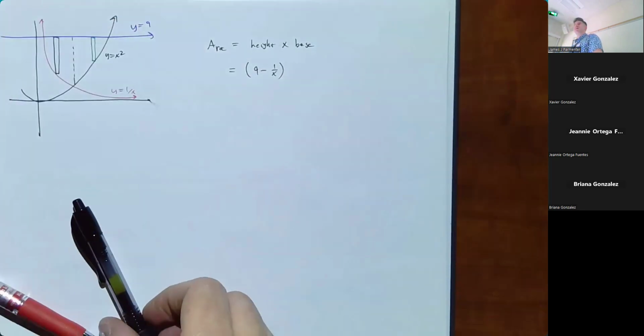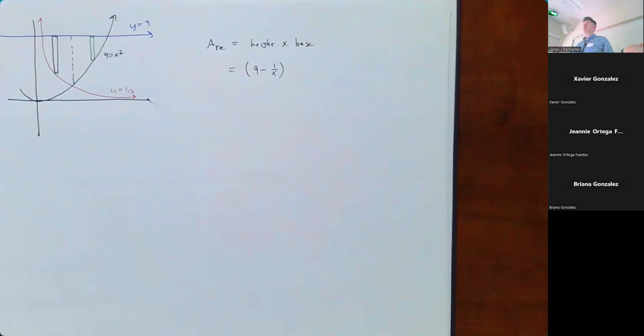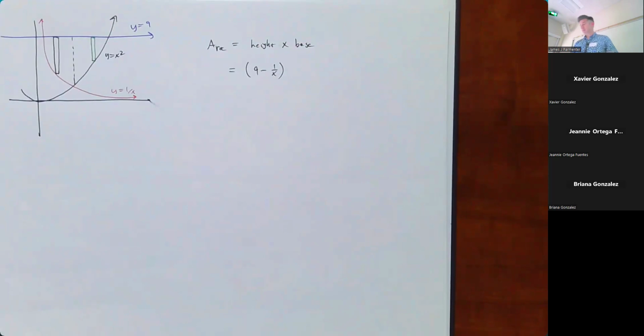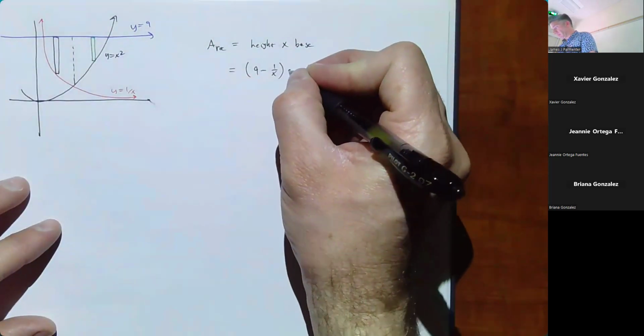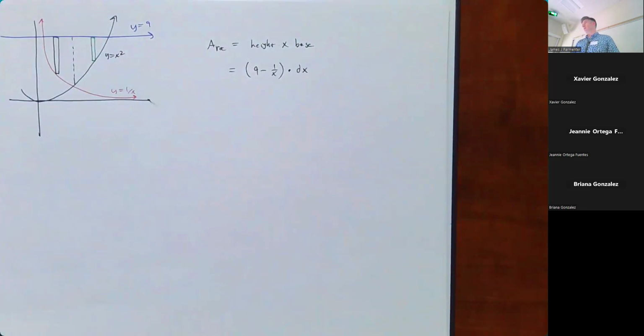And the base is what? What am I calling the base? Every time, I'm going to call the base dx. It'd probably be fine to call it delta x as well, but when we write the integral, we want to have a dx, not a delta. So that's why I'm using dx.